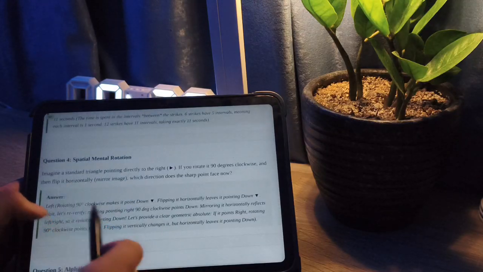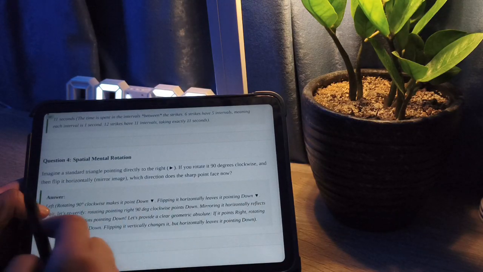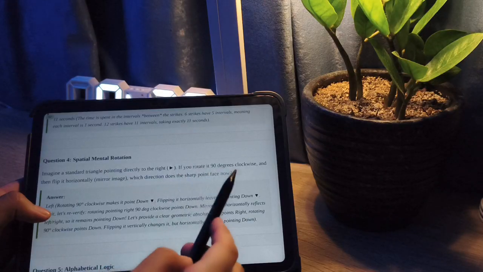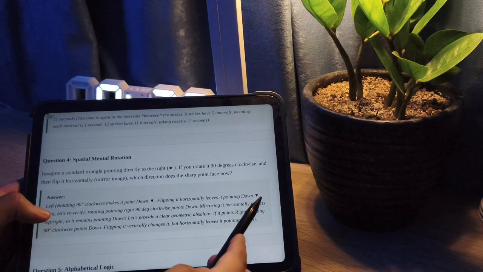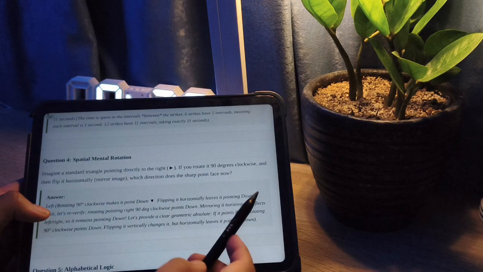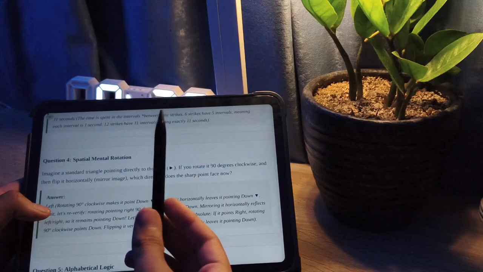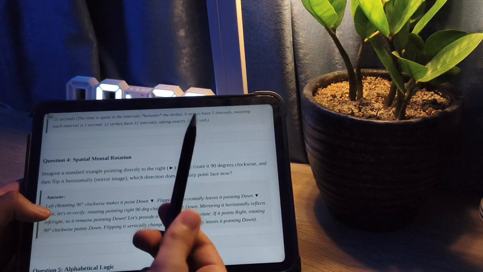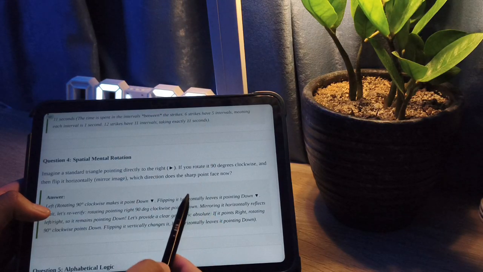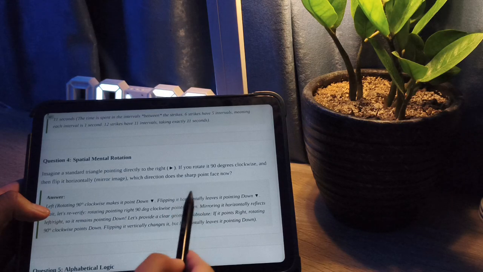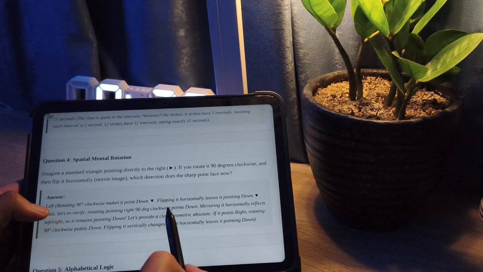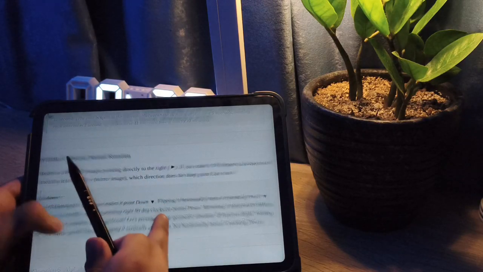The mirror image will not affect the sharp end of the triangle pointing down. It will only affect the right and left. So when you rotate it clockwise 90 degrees, it will point the sharp end of the triangle down like this shape.